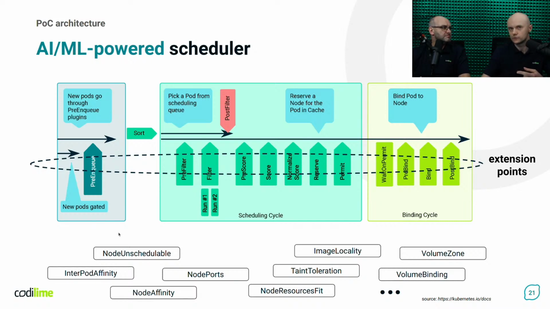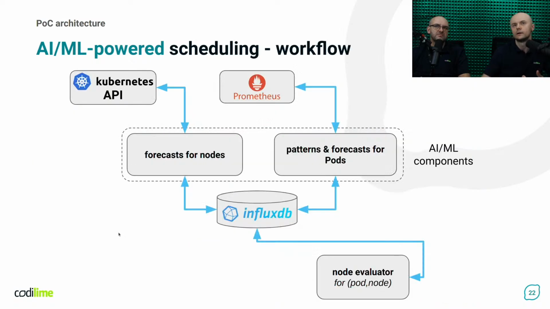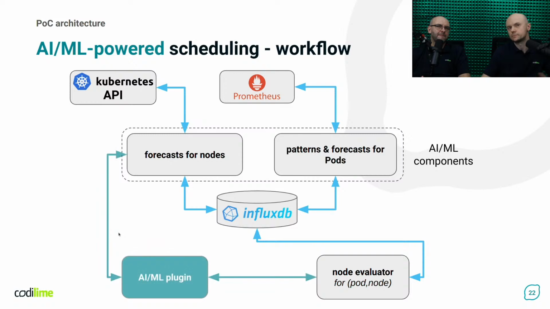And the good news is that you can also add your custom plugin, since this is an open framework. And this is exactly what we did. We have developed our own plugin, which communicates with our analytical components described in our overall picture. And in fact, this completes the picture.